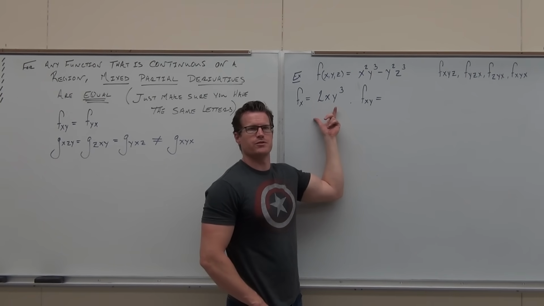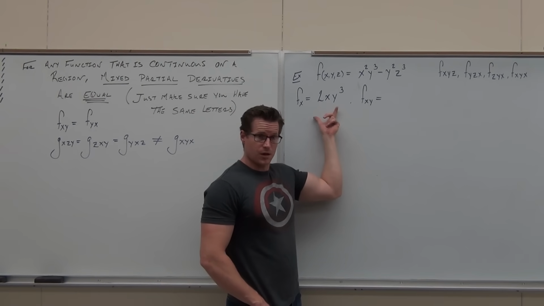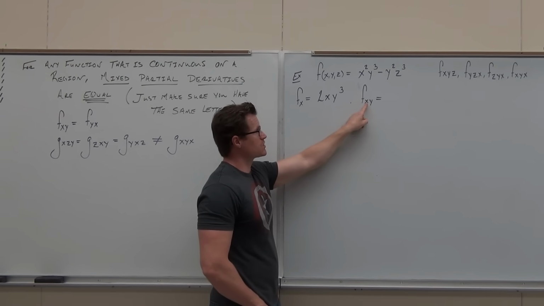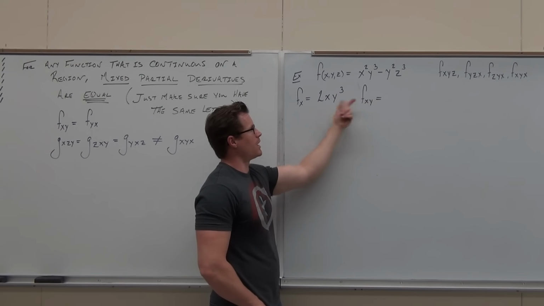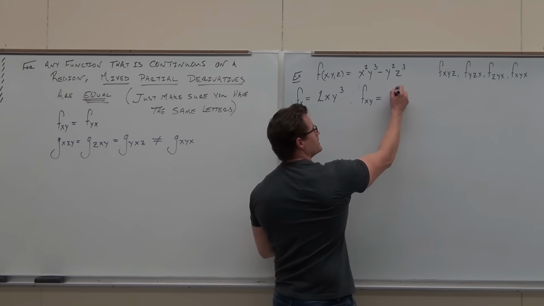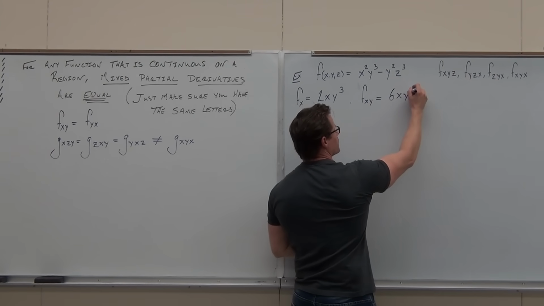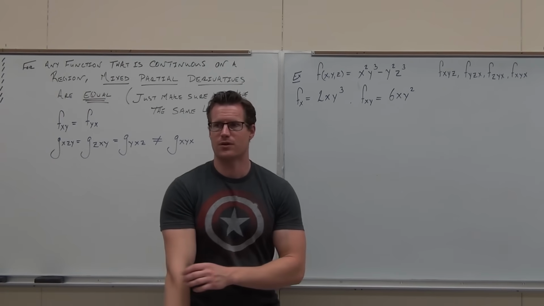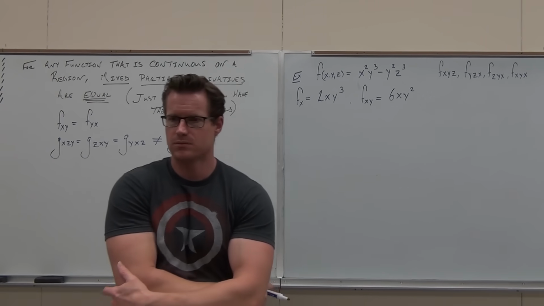Now from here, we switch gears. Let's do the partial derivative with respect to y of this thing. It says, of the thing that you just did, now take the partial derivative with respect to y. Y is our variable. We need to be getting 6xy squared. Did you make it that far? Okay, keep going.